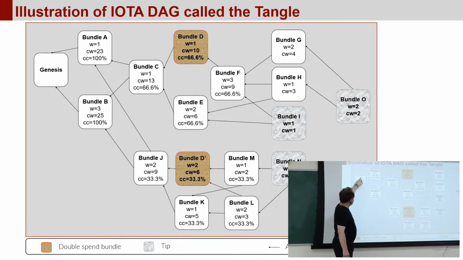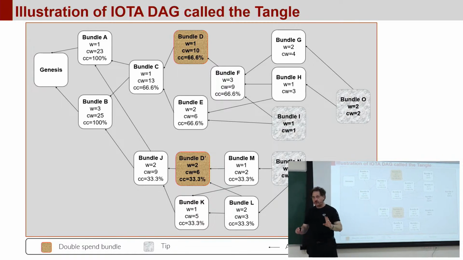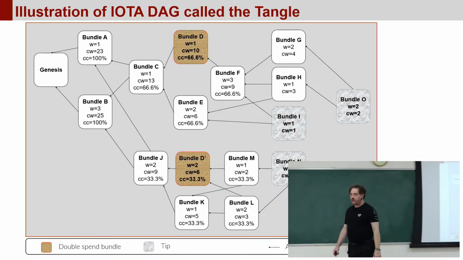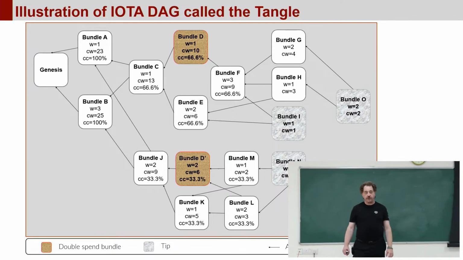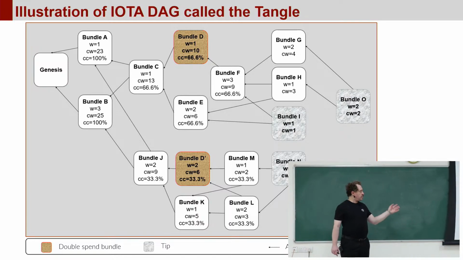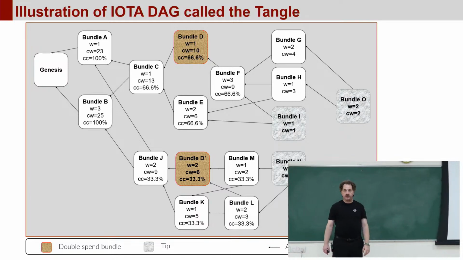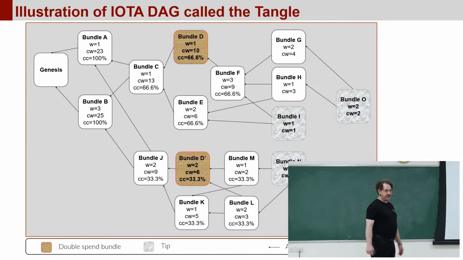There is a Genesis block. And then, okay, each bundle, like IOTA at some point initially was using the concept of bundles, which they later abandoned. For the sake of simplicity, you can assume that a bundle is simply a transaction, even though it has a bit more complex representation.